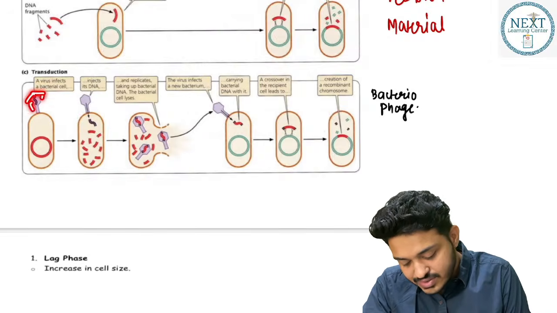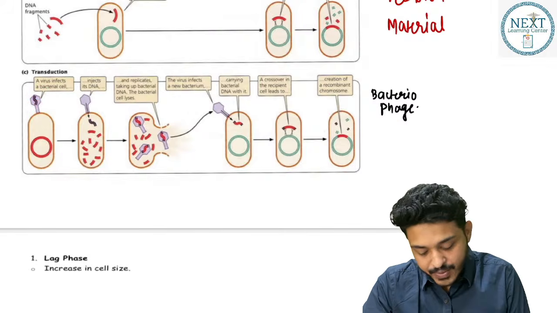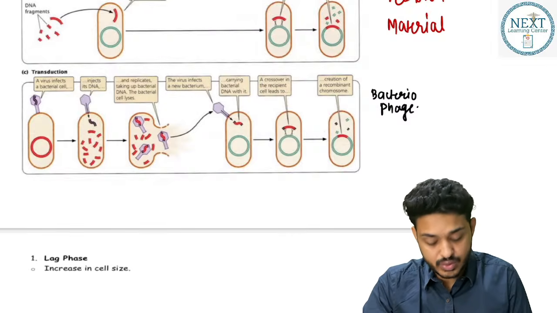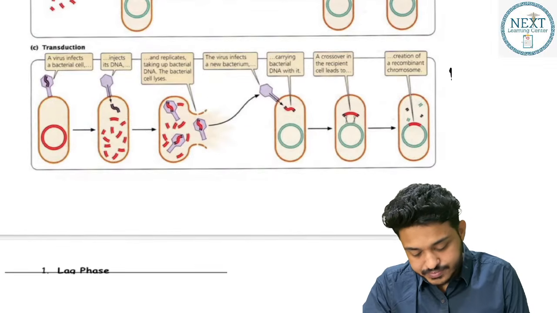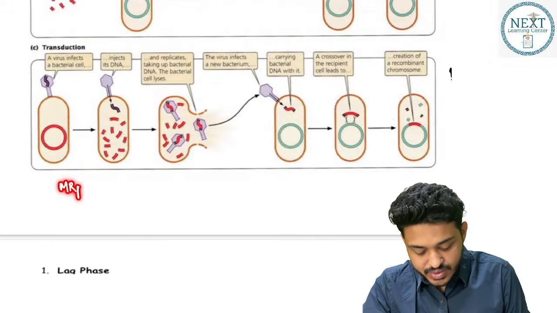So this virus is going to come, it is going to transfer the genetic material, maybe DNA, RNA, right? It is going to come into the cell, and now the cell is going to do certain processes. What are the processes which are going to happen? Let's say the genetic material is going to be RNA.